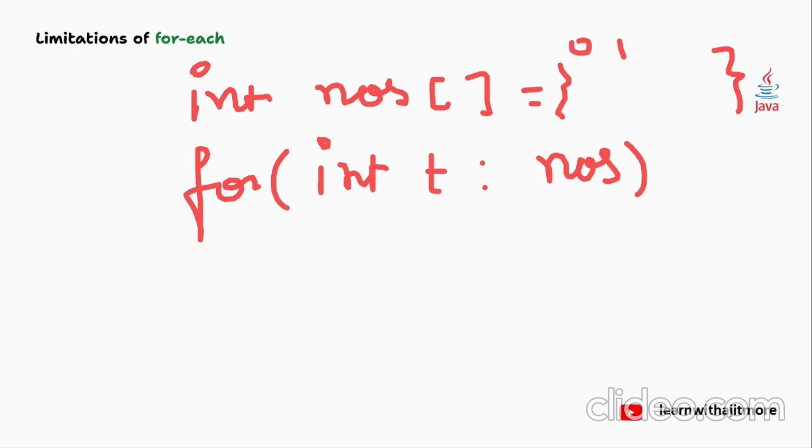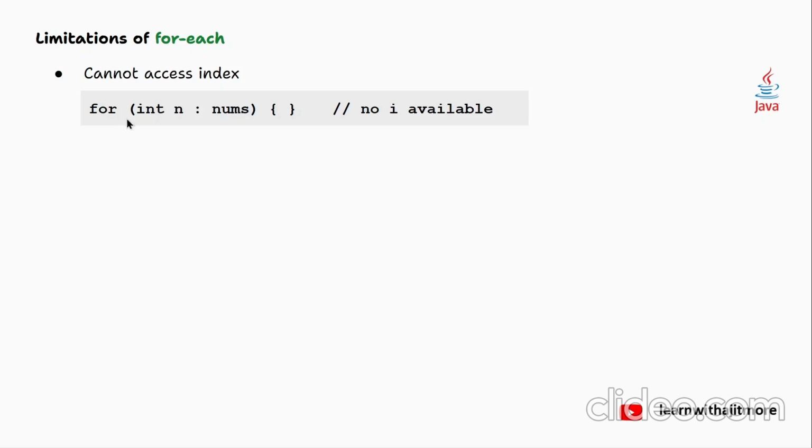From 0 to whatever the length is, and then you write nums of i. That is not possible here. You cannot get the index of the elements, that is one problem: cannot access index. Like this for loop, common sense. Can anyone tell me what nums will be? No, not a single person can tell.